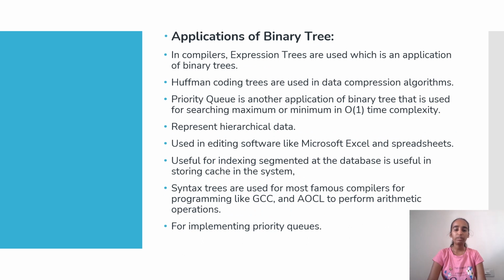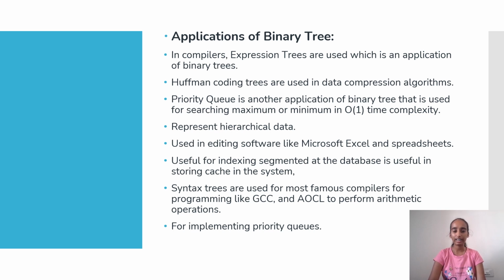Let us move on to the applications of binary tree. In compilers, expression trees are used, which is an application of binary tree. Huffman coding trees are used in data compression algorithms. Priority queue is another application of binary tree that is used for searching maximum or minimum in zero time complexity.